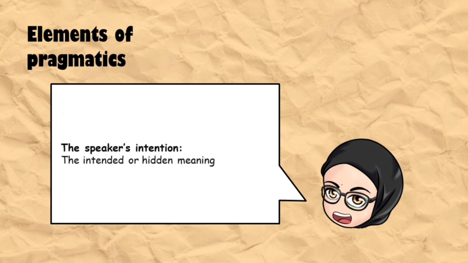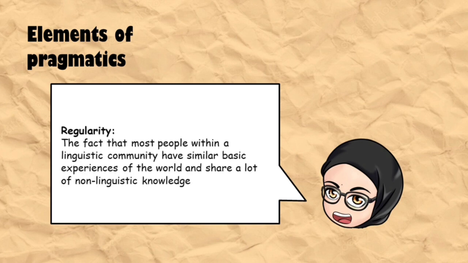The speaker's intention means the intended or hidden meaning of what the speaker explicitly states. Lastly, regularity is the fact that most people within a linguistic community have similar basic experiences of the world and share a lot of non-linguistic knowledge.